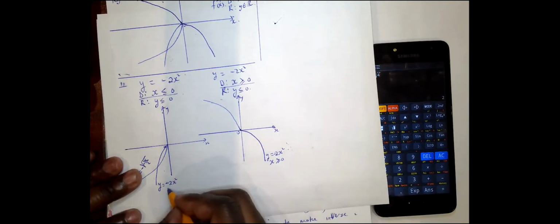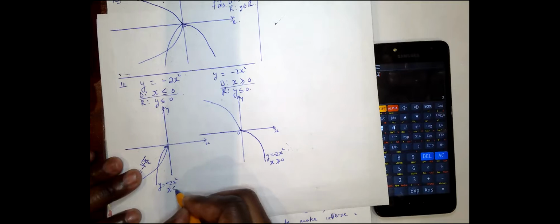Here is an equation of y equal to negative 2x squared, for the domain x greater than or equal to 0. Here, for the domain x less than or equal to 0.